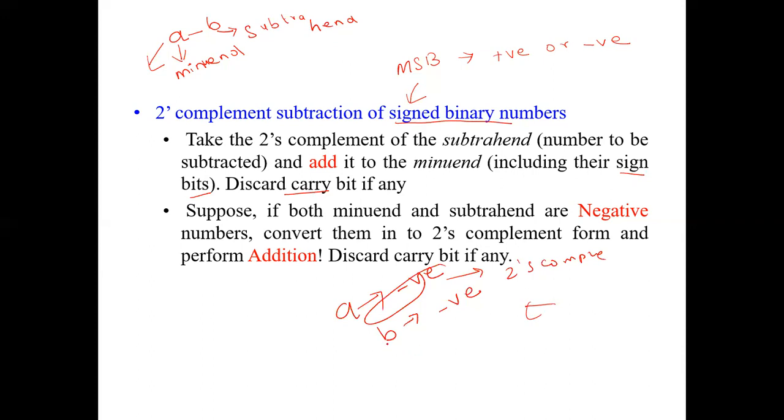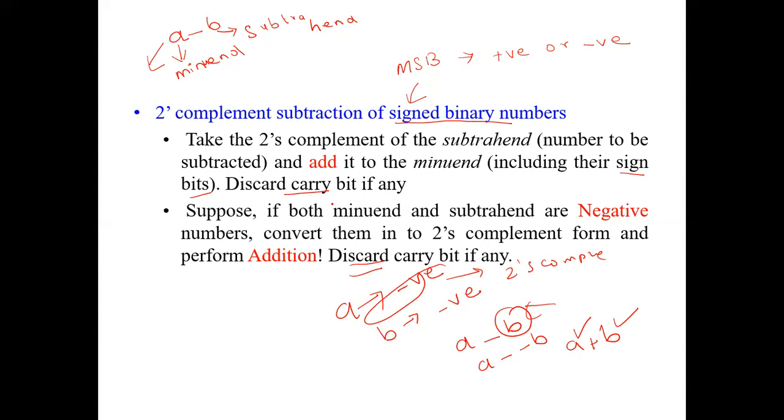The actual meaning is A minus B, but B is a negative number, so A minus of minus B becomes a positive one, A plus B. You know the addition process already. The thing is, everywhere we have to discard the carry.